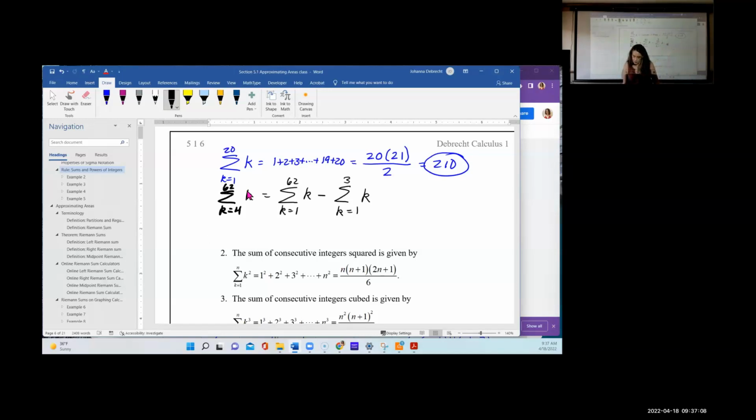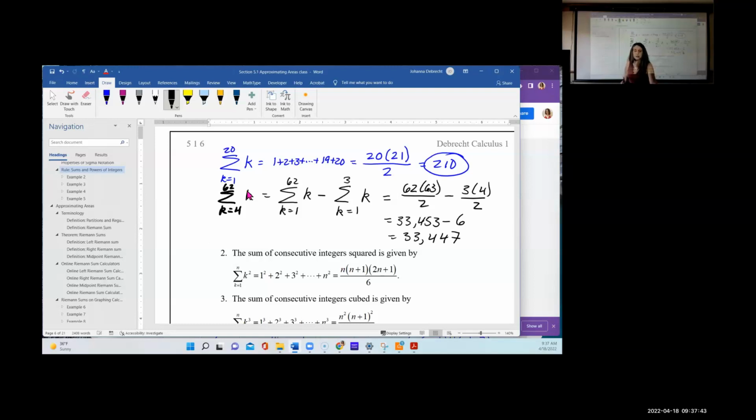And then you can apply the formula to each one of these in turn. So you get 62 times 63 divided by 2 minus 3 times 4 divided by 2, which is going to give me 31 times 63, which is 1,953 minus 6, which is 1,947.